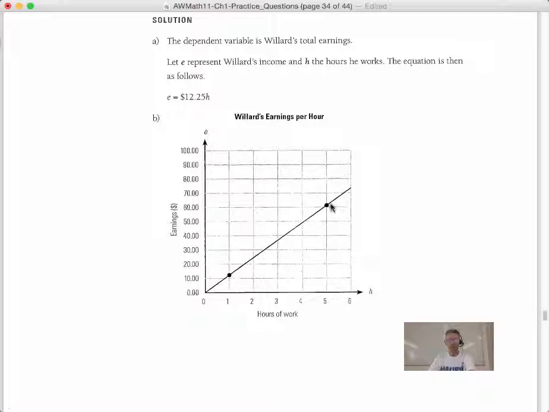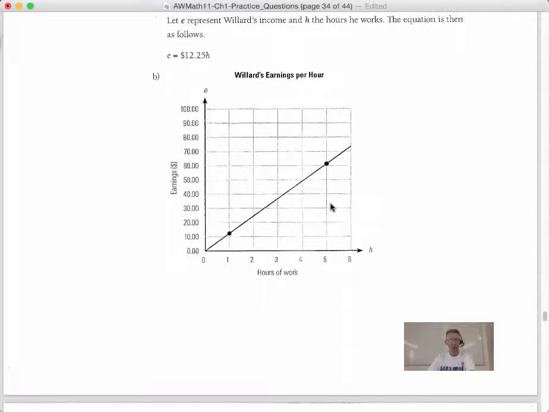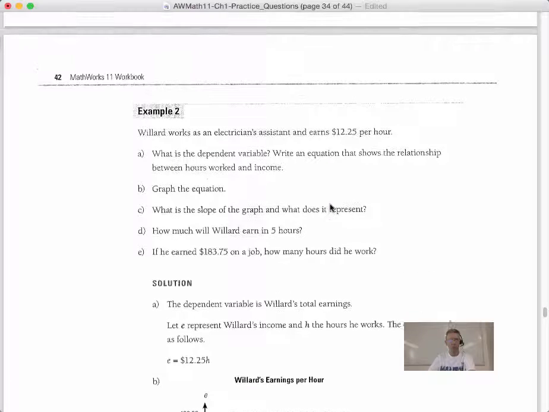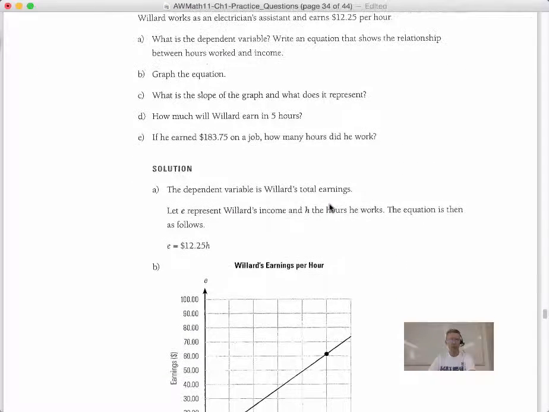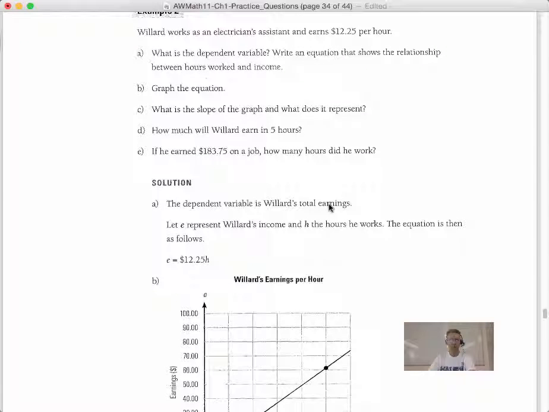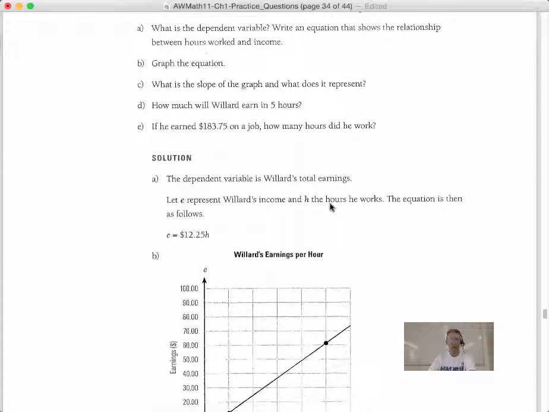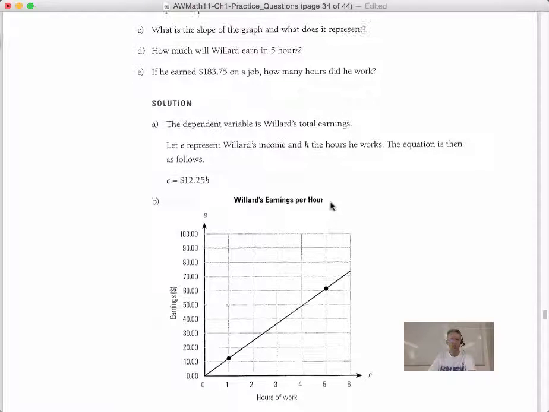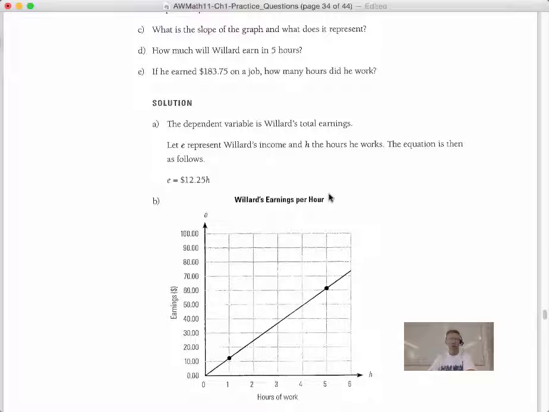So part B was to graph the equation. Oh, part A, what does it say? What is the dependent variable? Write an equation that shows the relationship between hours worked and income earned. Well, simply the earnings. And remember, when you write an equation, the equation of a straight line is usually written y equals the slope times x.